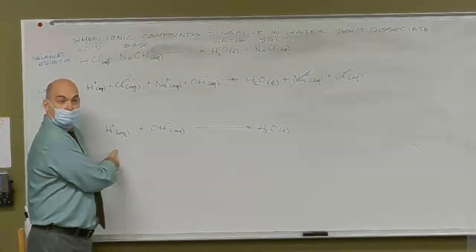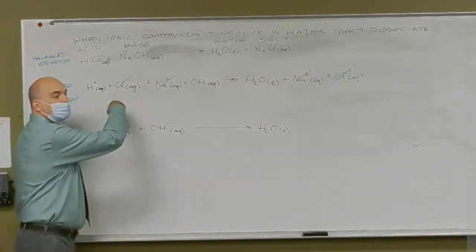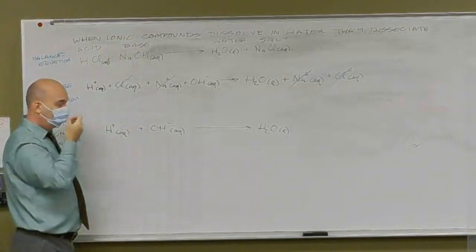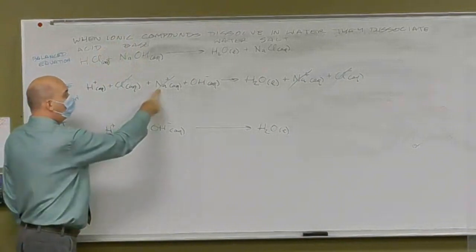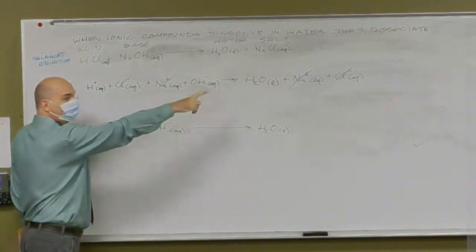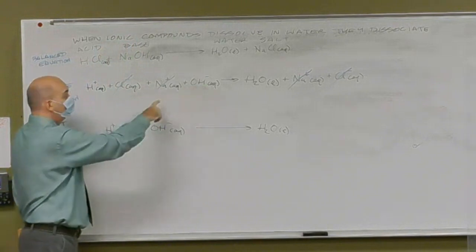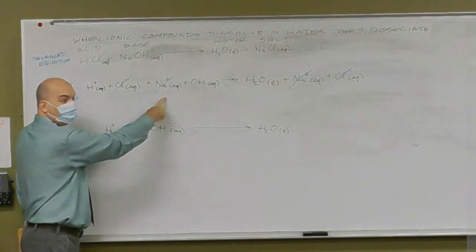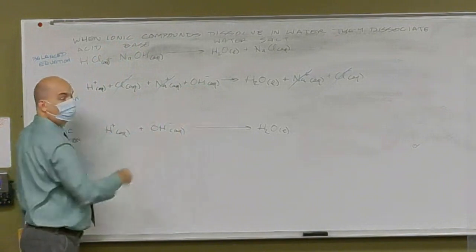This reaction tells us that the chloride was just a delivery agent for the H+, and that the sodium doesn't matter. This could have been a potassium, could have been a calcium, could have been something else. Doesn't matter. It's not part of the reaction.